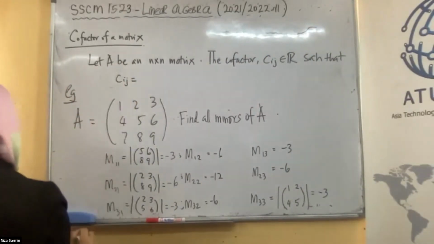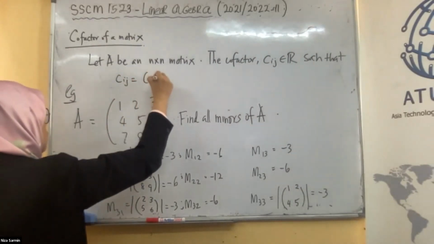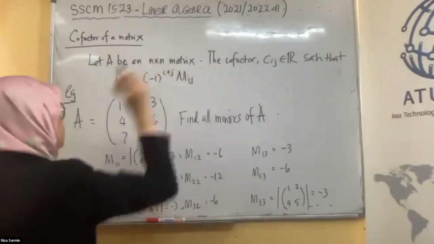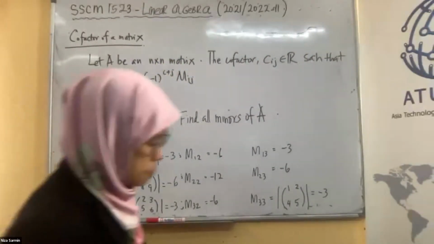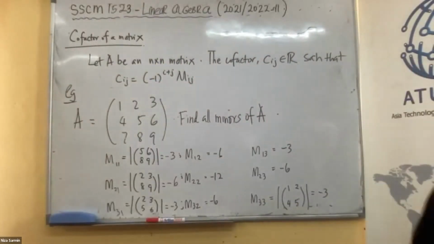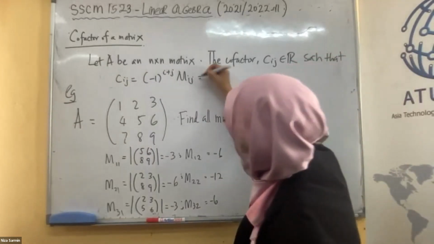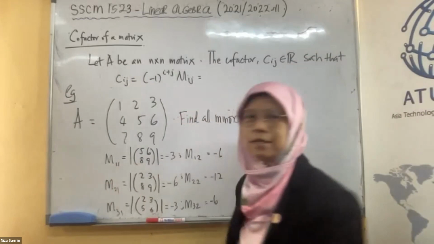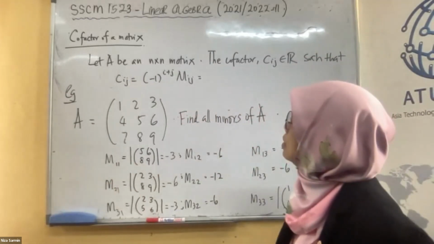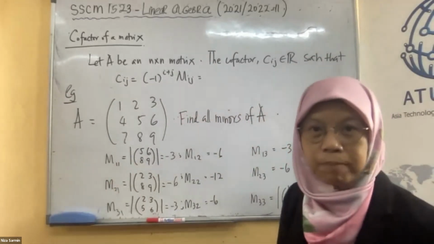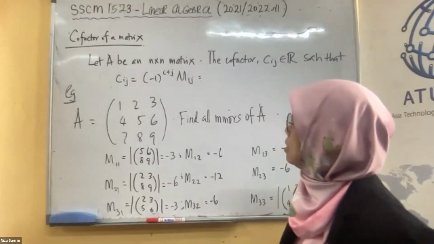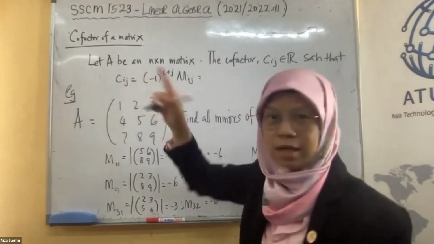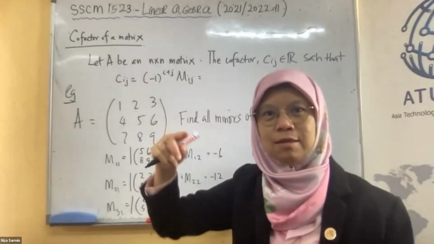Cij is equal to (-1)^(i+j) Mij. So you see there is an ij, right? Okay, Cij is -1 to the i plus j times Mij.